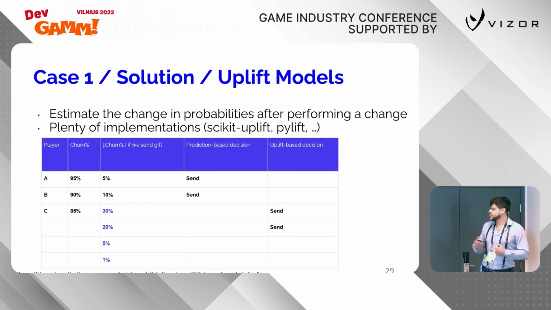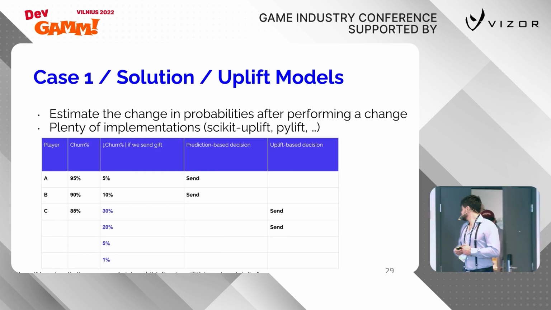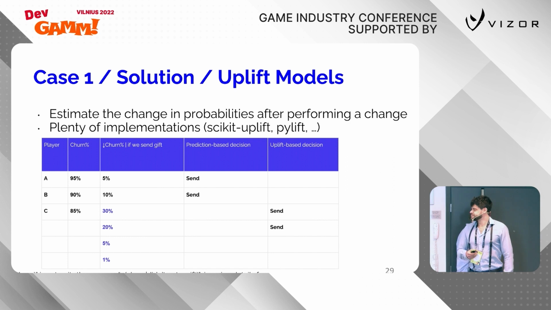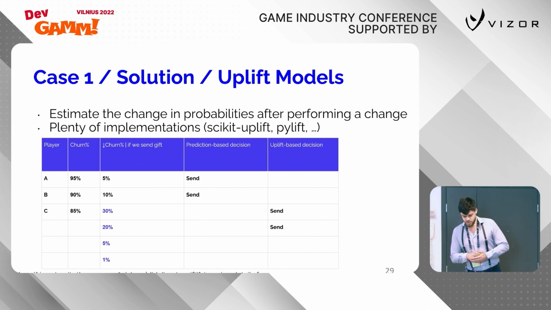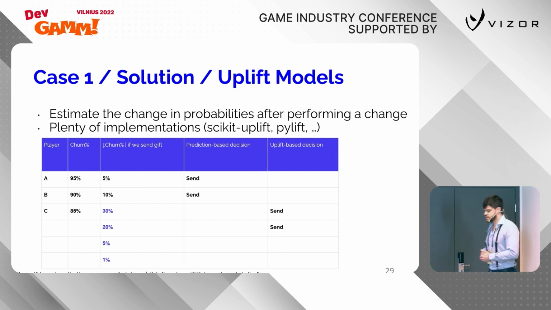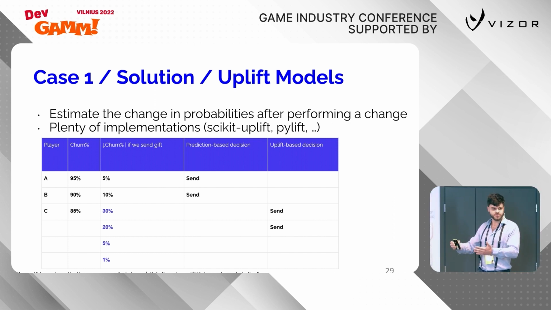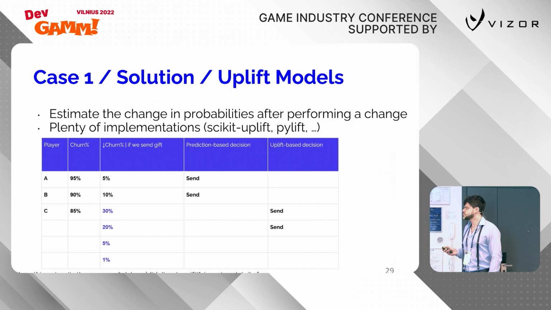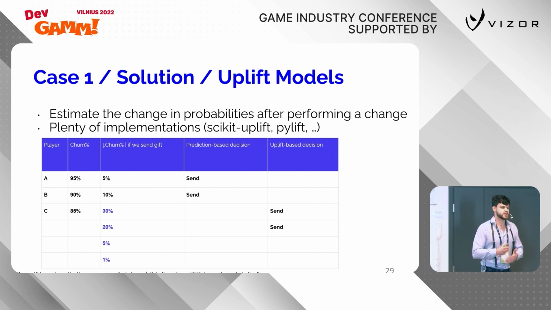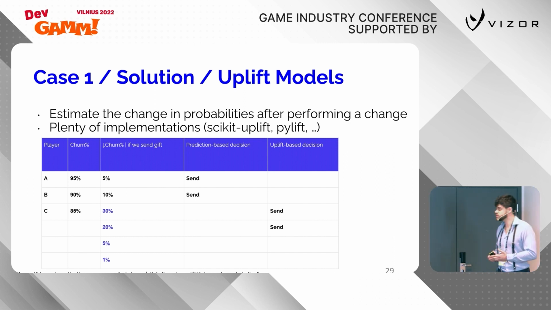So actually there are prediction models which give scores, and there are uplift models, which are a modification of the typical prediction models.